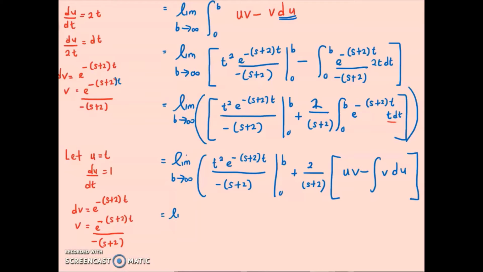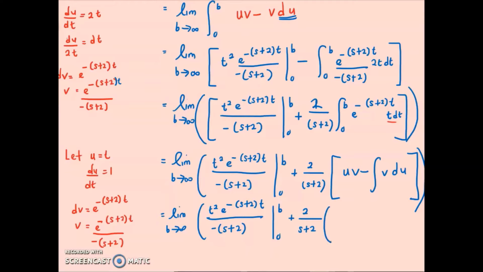Okay, so I have the limit as b approaches infinity, don't forget the bracket, of t squared e^(-(s+2)t) over -(s+2), from 0 to b, plus 2 over (s+2).